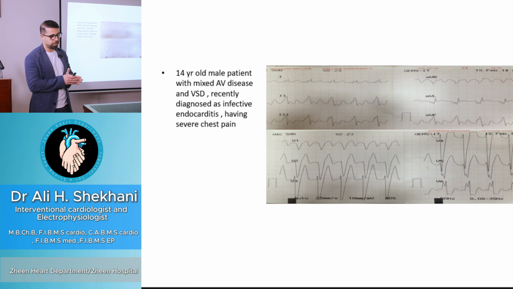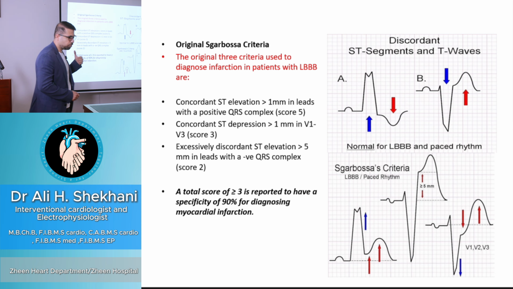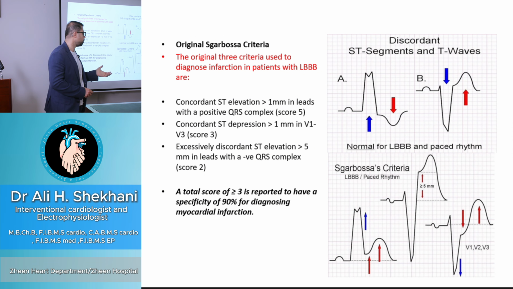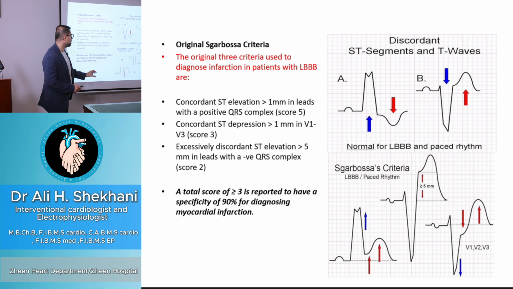But we have criteria we call the Sgarbossa criteria. These criteria help us to diagnose acute insult in the setting of left bundle branch block. If you have a concordant lead, I mean positive leads with ST segment elevation more than 1 millimeter, it is significant. And if you have ST depression in V1, V2, V3, it is also important.